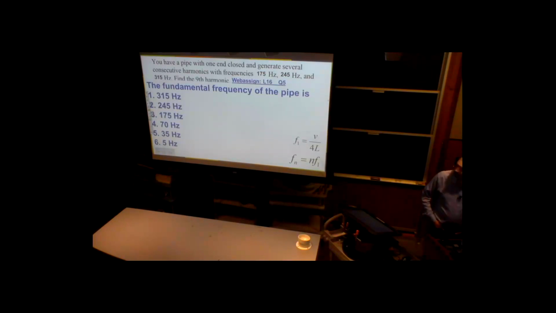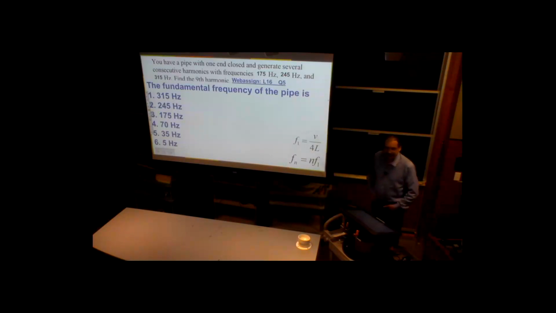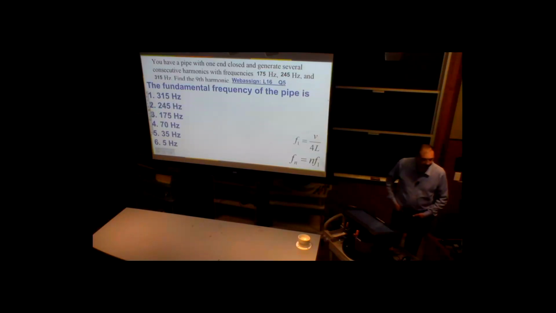So there is clearly at least one answer which you shouldn't choose: 70. We have a different pipe. The first pipe was open on both ends. This pipe is closed on one end.